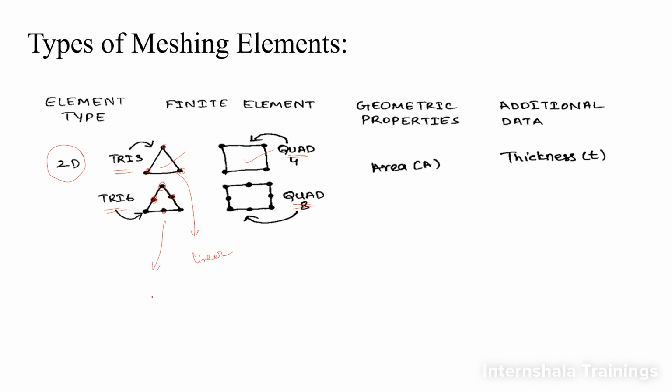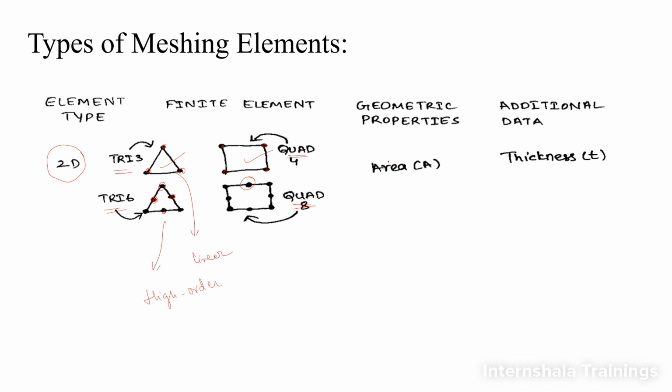These are called higher order elements or parabolic elements. Likewise, if the element is containing nodes at the end only, they are called linear elements. But if they are containing nodes in the middle of the side also, then it can be called a higher order element or parabolic element.